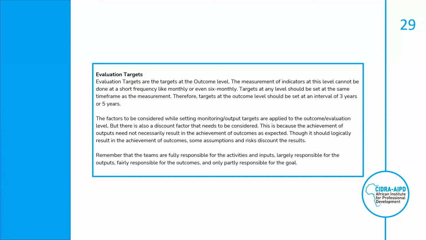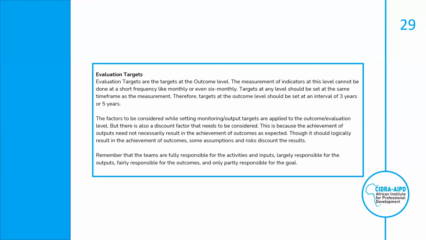The factors to be considered while setting monitoring output targets also apply to the outcome evaluation level. But there is also a discount factor that needs to be considered. This is because the achievement of outputs need not necessarily result in the achievement of outcomes as expected, though it should logically result in the achievement of outcomes.